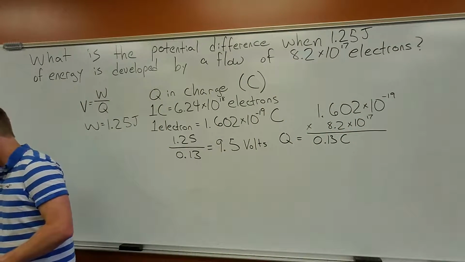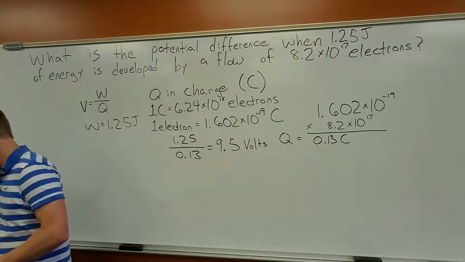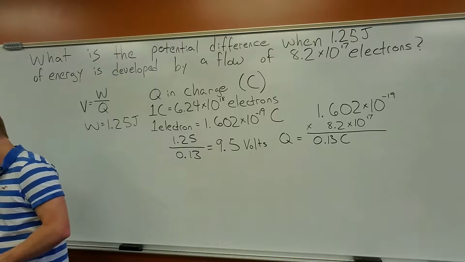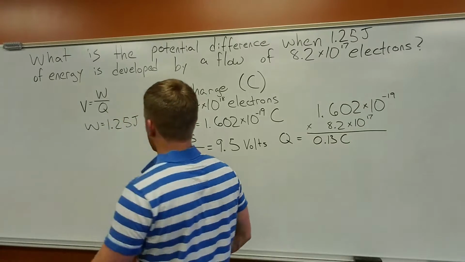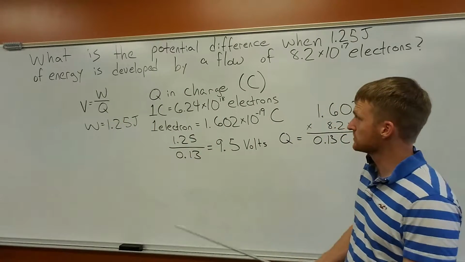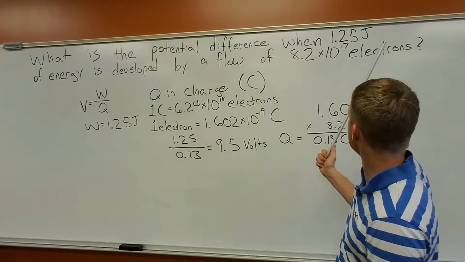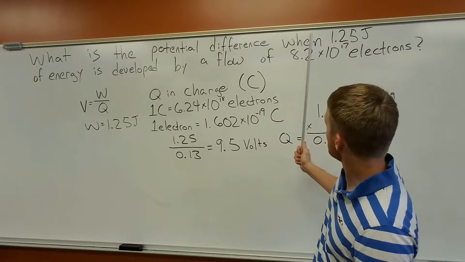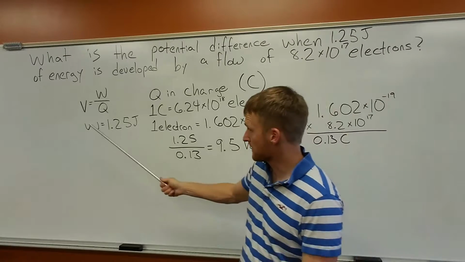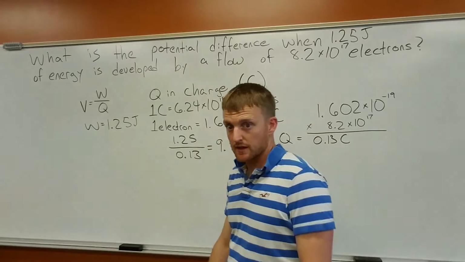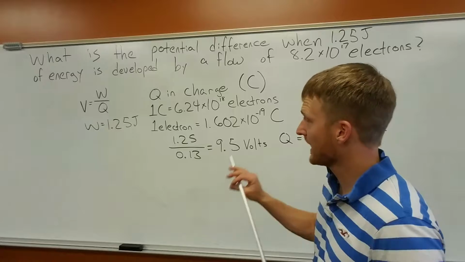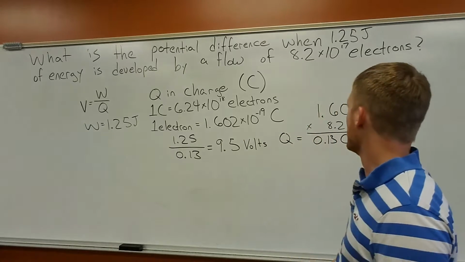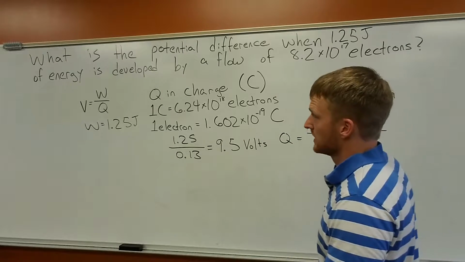And if you take a look on page 32 of your book, you'll see our formula that we actually use to relate potential difference, which is measured in volts, where it relates potential difference with work and charge. How do we know we're working in charge?